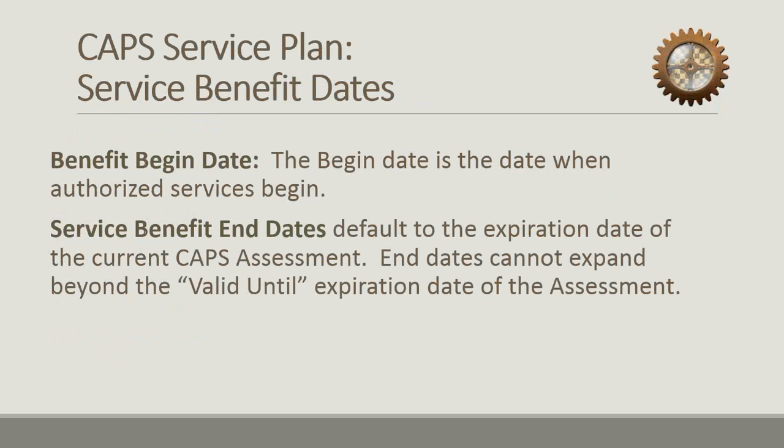So let's talk a little bit about benefit begin date and the service benefit end date. Begin date is the date when authorized services begin. So if we use the example of a home care worker that begins to go into the home to help one of our OPI clients, the first day that the home care worker enters that home and begins service, that's when we would open the service benefit or begin the service benefit.